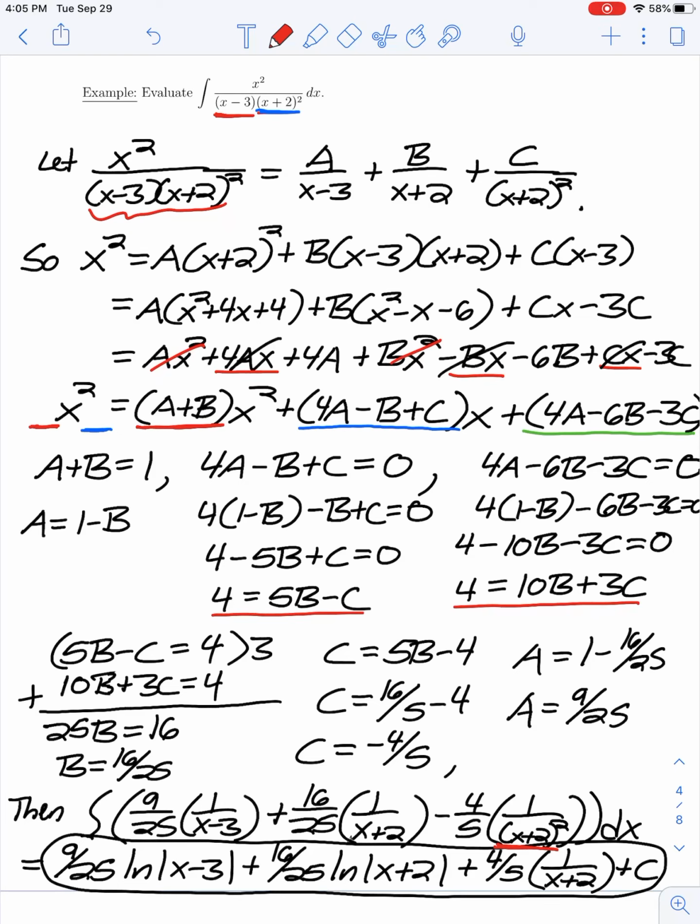So we're left with something of the form 1 over u squared, which has an antiderivative of negative 1 over u. So times that negative 4/5 gives me my positive 4/5, 1 over u, which was my x plus 2 term there.